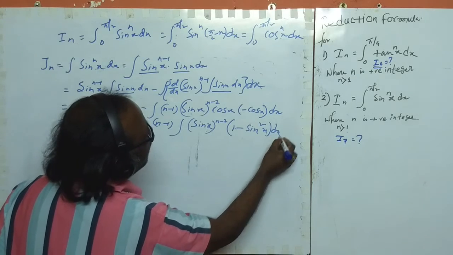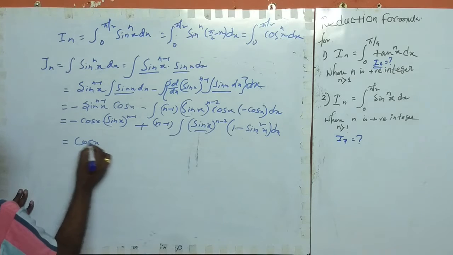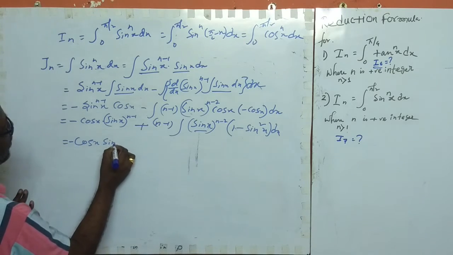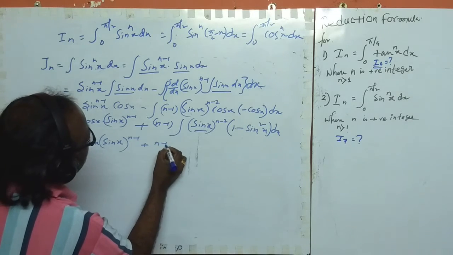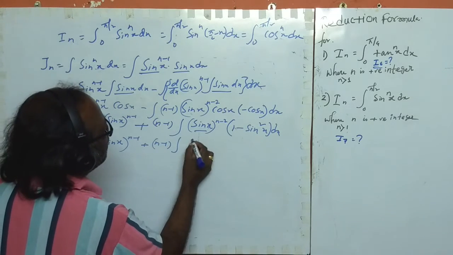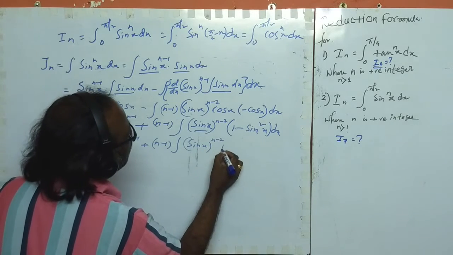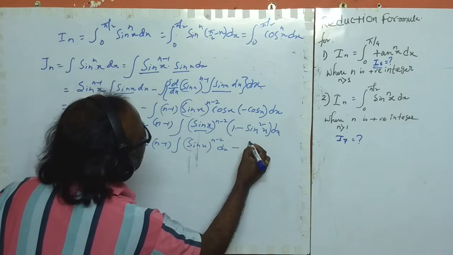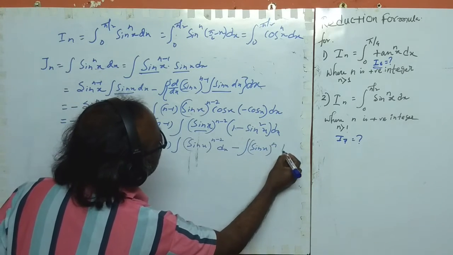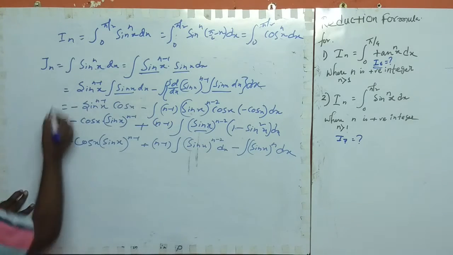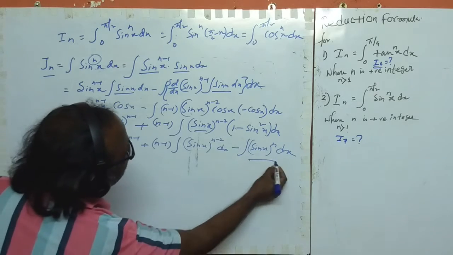So again, minus cos x sin x to the power n minus 1 plus n minus 1 times the integral of sin x to the power n minus 2 dx, minus the integral of sin x to the power n dx. See here, this is degree n, so you got the same figure.